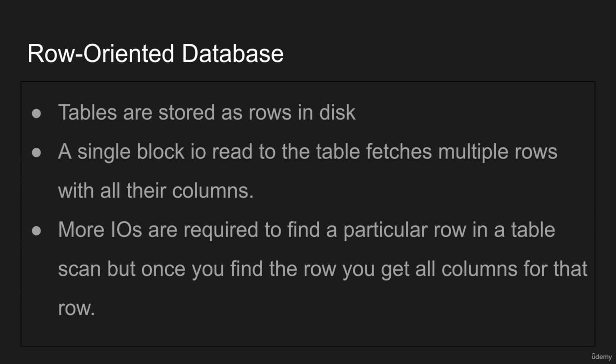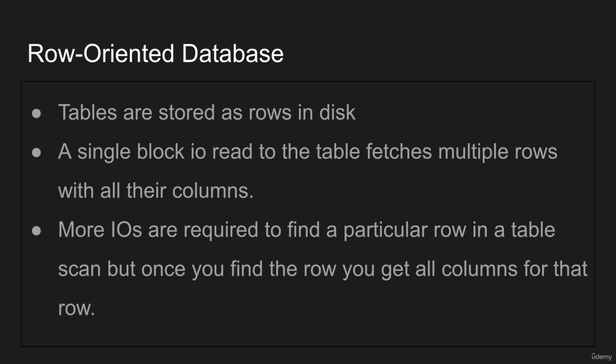It doesn't read bit by bit, 0, 1, 0, 1. It reads in blocks, say 512 bytes at a time, or 1024 bytes at a time. It depends on the block size. And once you read that, you're going to get not only one row, you could get 1, 2, 3, 4, 5 rows in a given block.